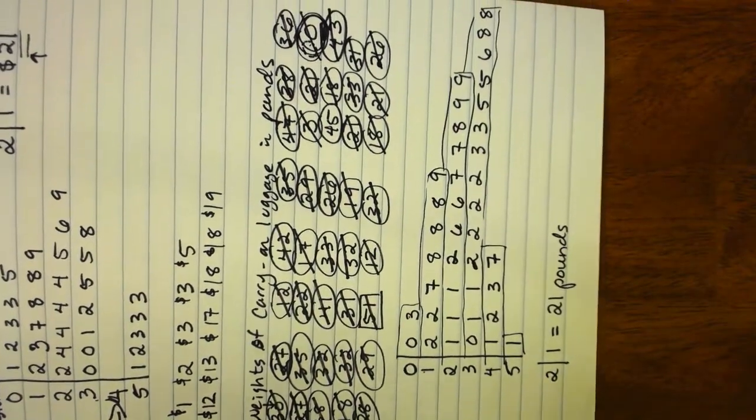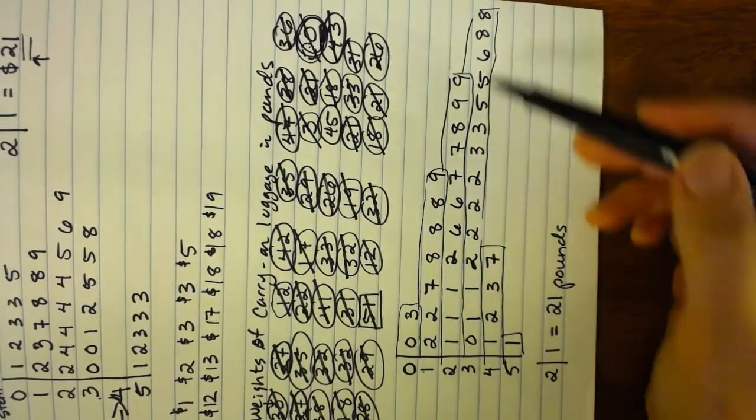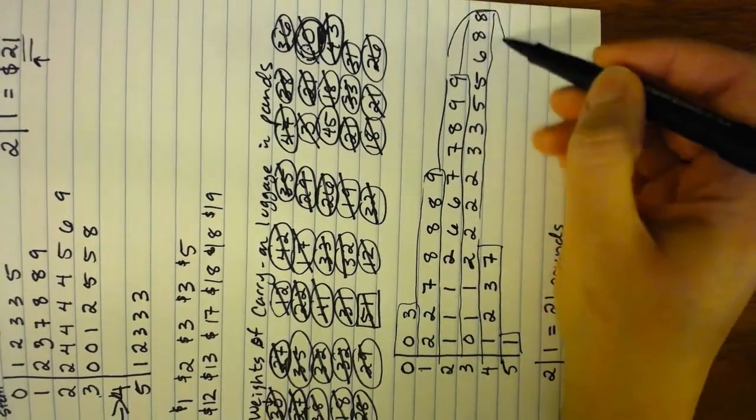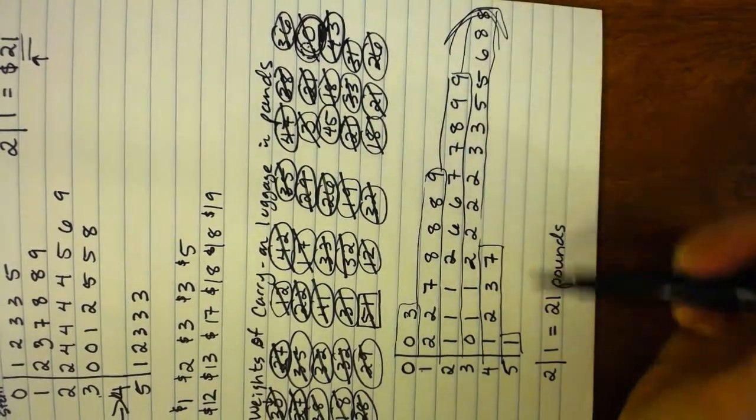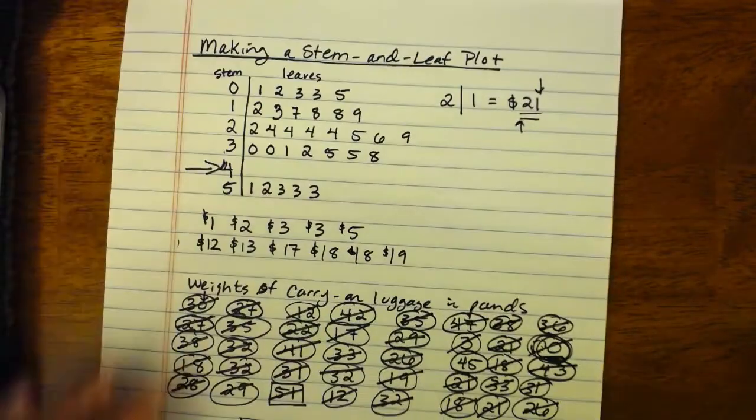So I can see that my most popular category is to have luggage that weighs in the 30 to 40 pound range. Okay, it is a unimodal distribution and it's roughly symmetric. So that's the idea with a stem and leaf plot.